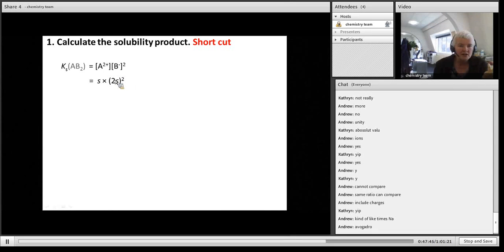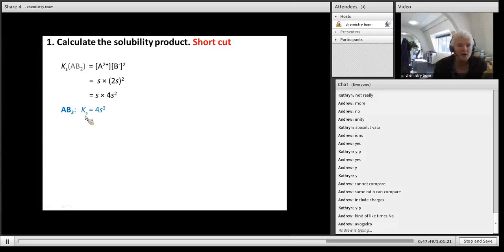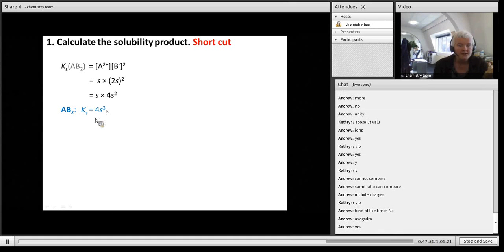Can you see I'm going to land up with this little formula? Ks is equal to 4S cubed. So if you just remember that one, you could just substitute into there. But don't forget your equation and don't forget your expression first. Remember the eq rule. Do those first, because otherwise you might not recognize it's an AB2.